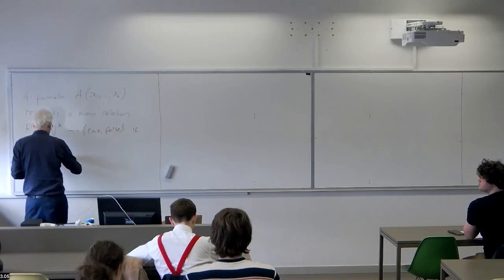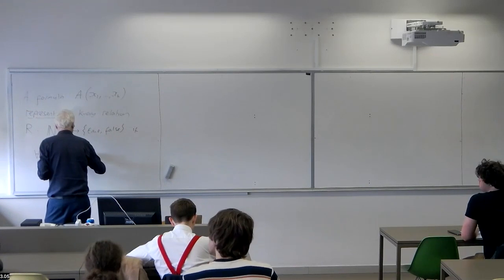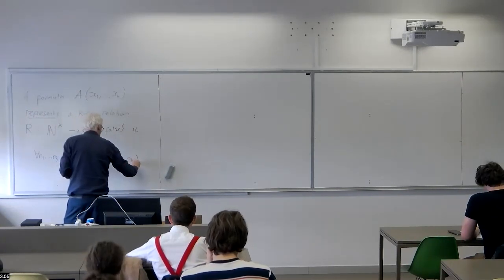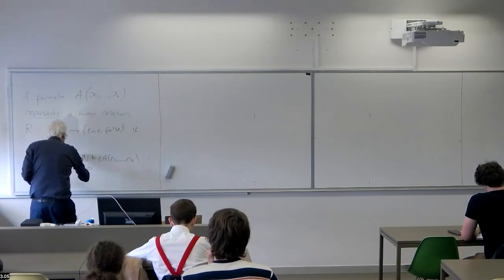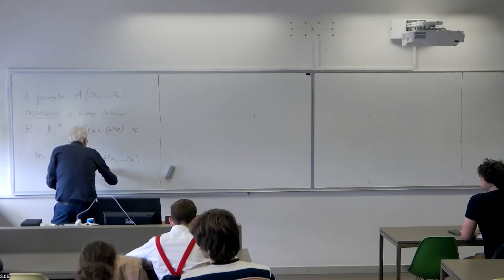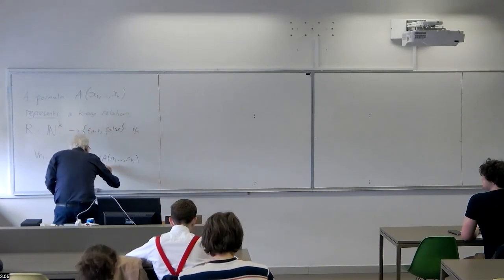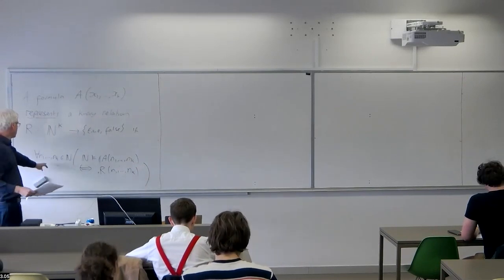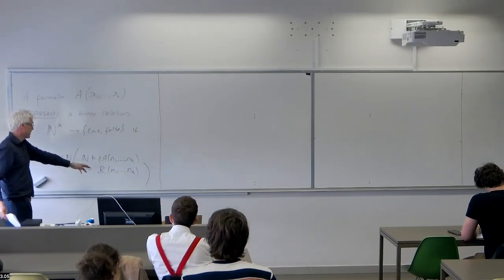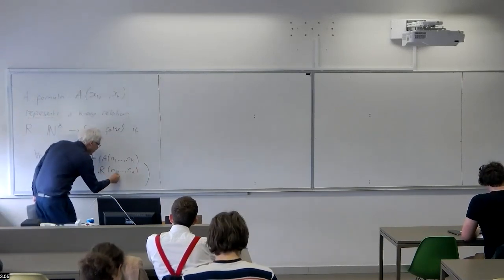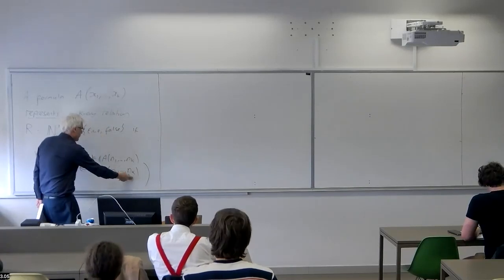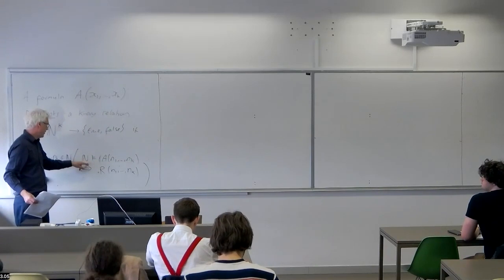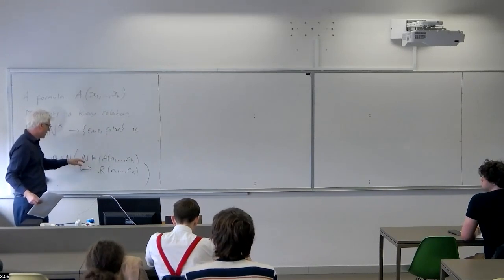So all this is saying is the formula represents the relation of k-tuples n1 to nk of natural numbers that the formula makes true under the interpretation of the formula in the natural numbers structure. I'm being a little bit sloppy in my notation here.